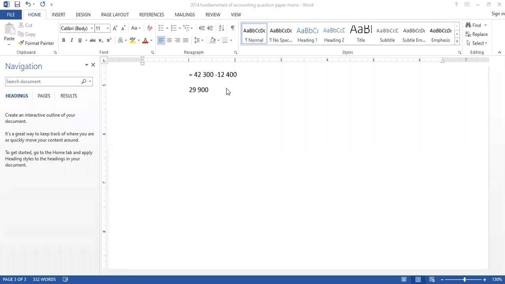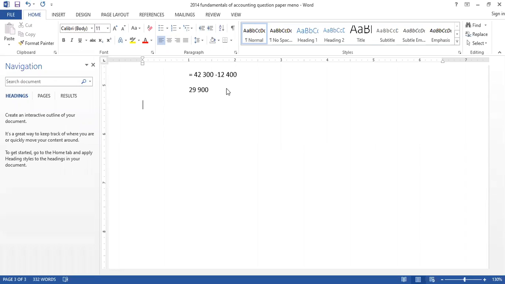So we are going to start off with question 4 of the 2014 normal examination, Fundamentals of Accounting. Question 4 has to do with non-profit making organizations. We are given a trial balance of the Mighty Soccer Club, a non-profit making organization.